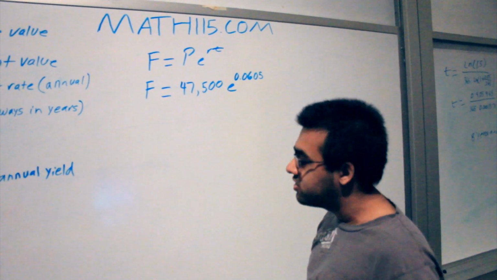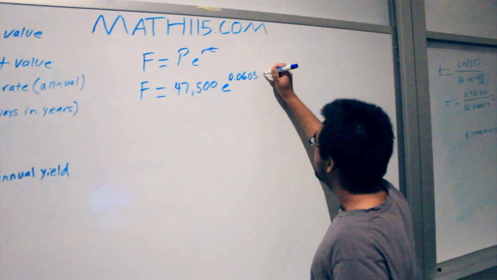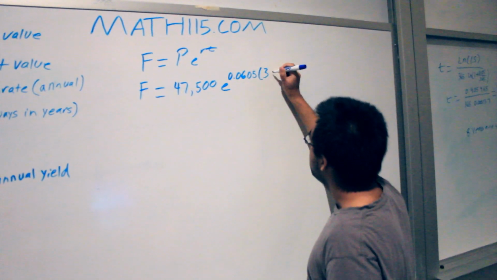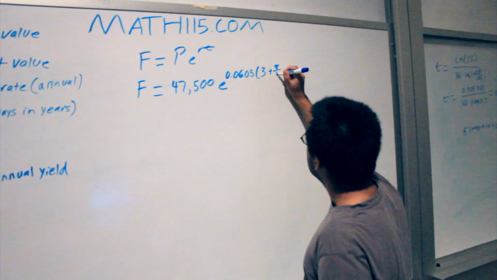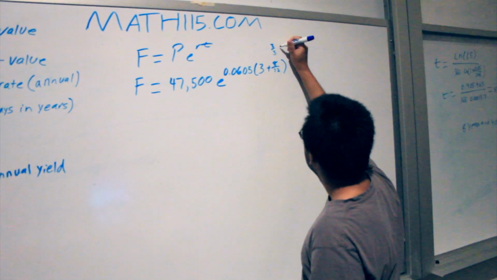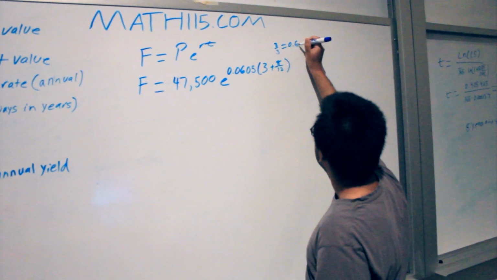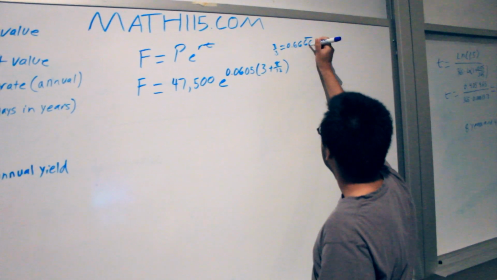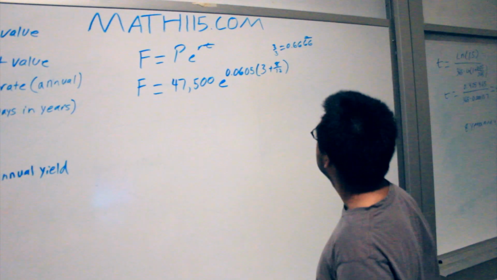And they said 3 years and 8 months. So that is going to be 3 years plus 8 over 12. And if you recall, 8 over 12 is the same thing as 2/3, which is the same thing as 0.666 repeating. And we'll throw another 6 on there to be politically correct.